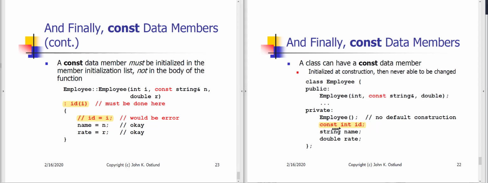All right, so a const must always be initialized. If a const is a member of a class, that means it must be initialized in the initializer list. It can't be initialized by assignment later in the body of the constructor. Okay, so that takes care of typedef and const.